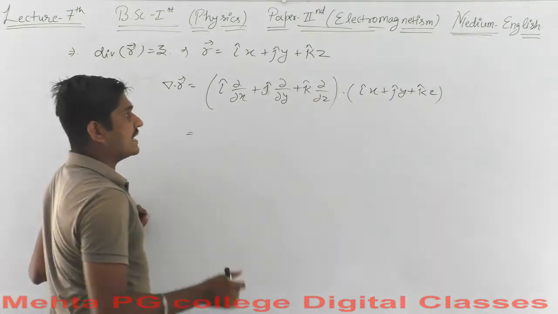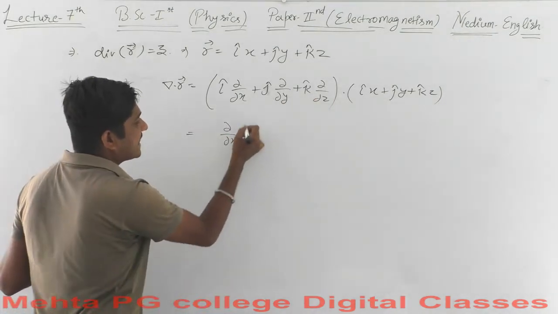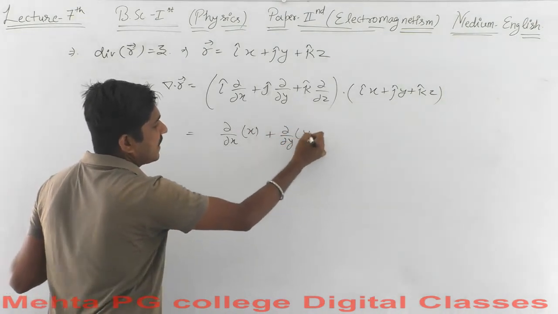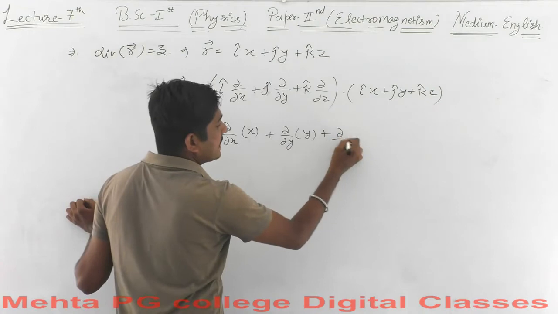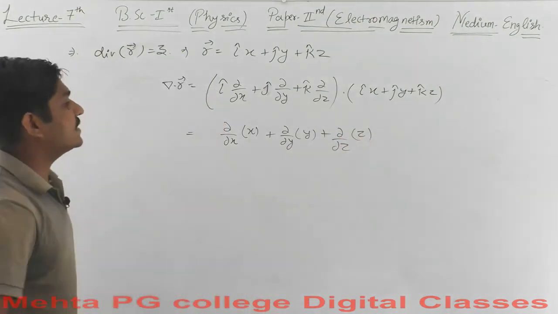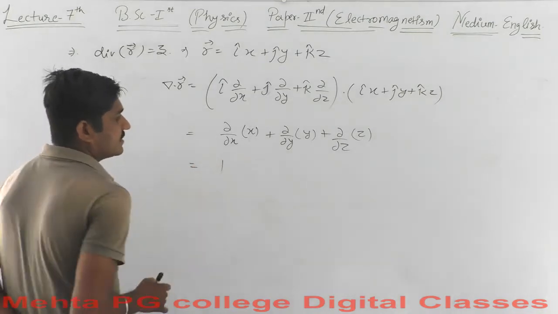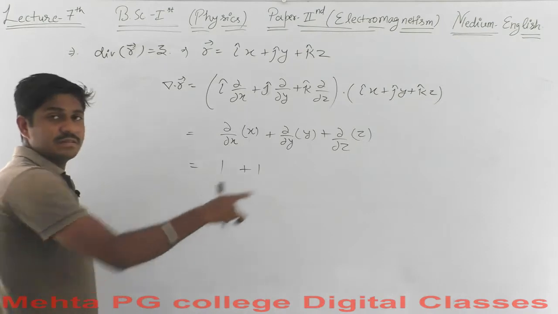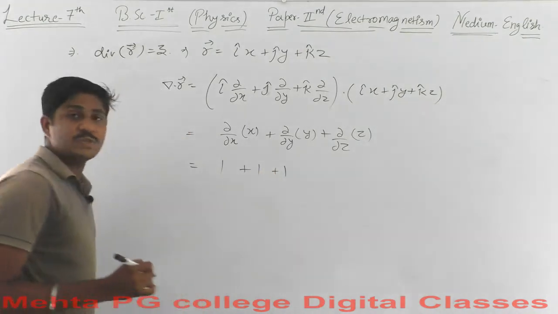i cap dot i cap will exist, so there will be ∂/∂x for x, ∂/∂y for y, plus ∂/∂z for z. So let's calculate. This is 1, this will also be 1, and the remaining one is also 1.